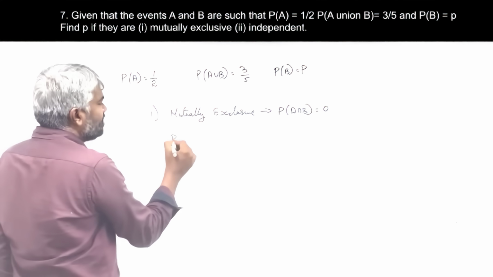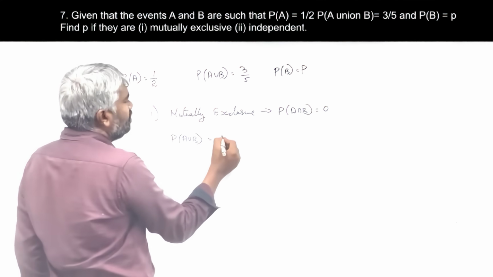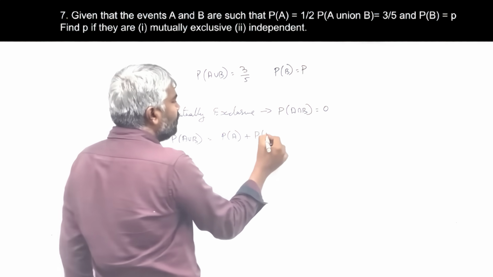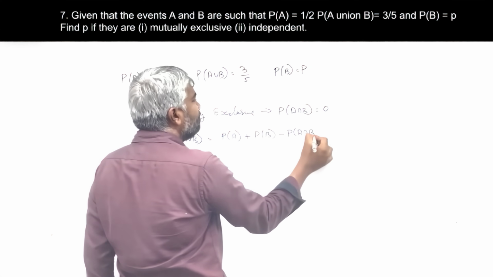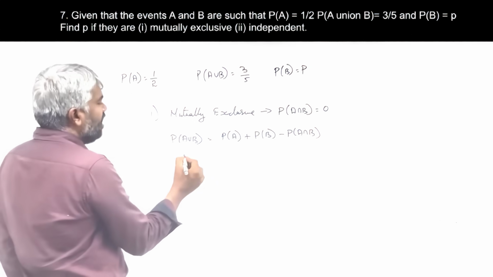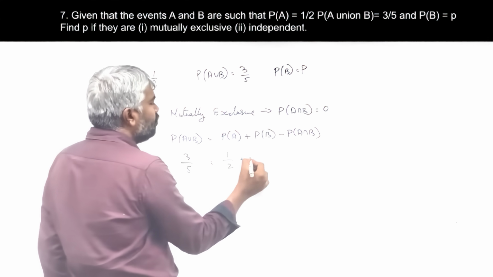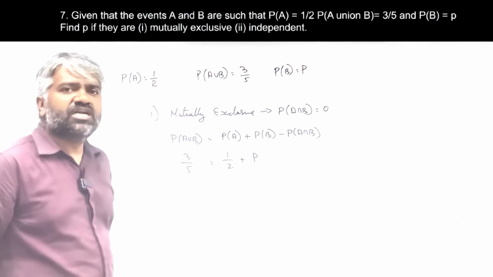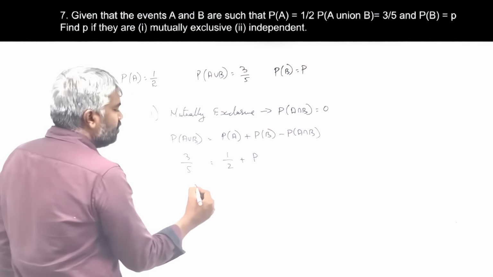Now P of A and B has been given. Our formula, which you have learnt in your previous classes, is P of A union B is P of A plus P of B minus P of A intersection B. So P of A union B is 3 by 5, P of A is 1 by 2, P of B is P, and the intersection is 0, so no need to solve it.